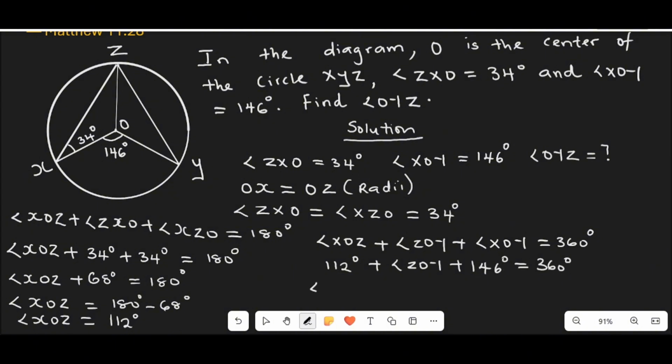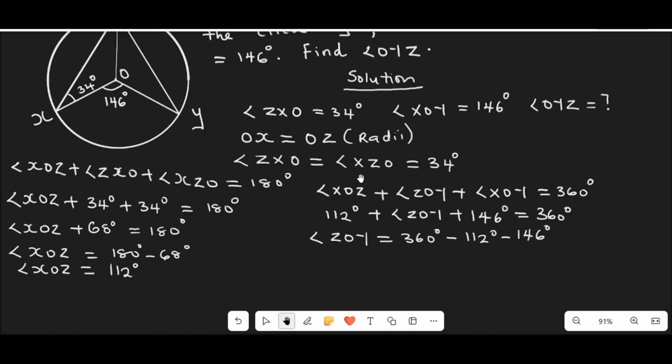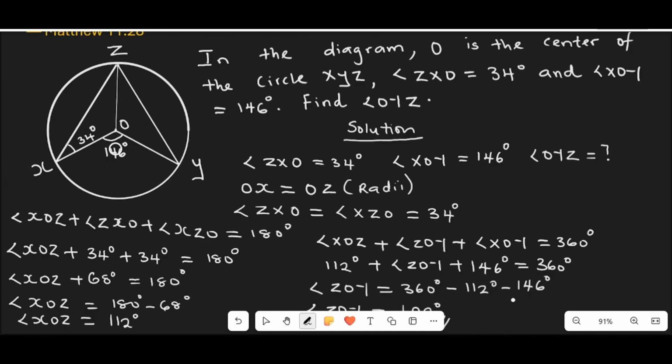So angle ZOY equal to 360 degree minus 112 degree minus 146 degree. So angle ZOY equal to 102 degree.